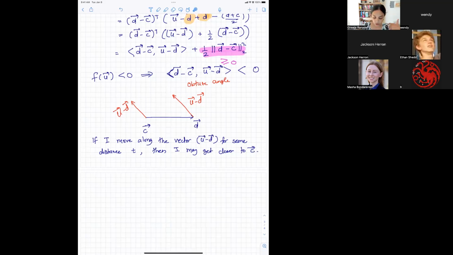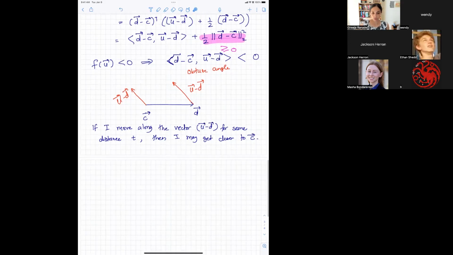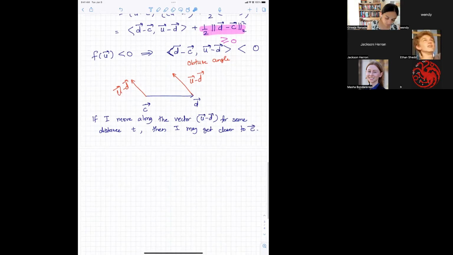If you look at this picture, for example, moving along this vector, there might be a point somewhere here that is actually closer to C than D is. Does everyone see that? Okay, good.